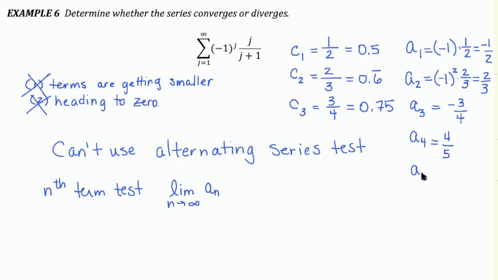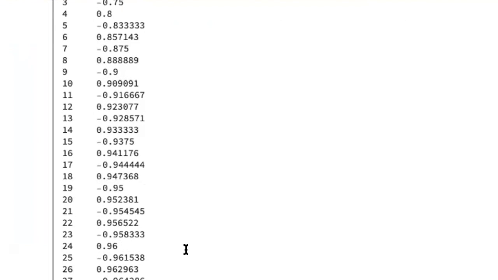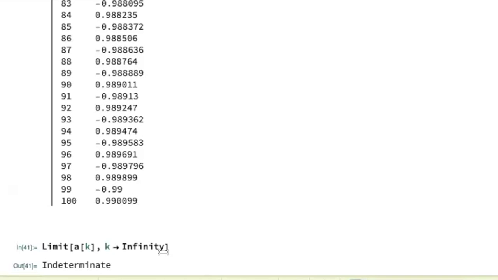what are they approaching? So I've now asked Mathematica to go ahead and create a table of the a sub k values. So these are the individual terms. And I've had it write out the first 100 of them. If I ask Mathematica to calculate the limit of the a sub k's as k goes to infinity, you'll notice it says indeterminate, because from the table, the even k values are approaching positive 1, but the odd k values are approaching negative 1.